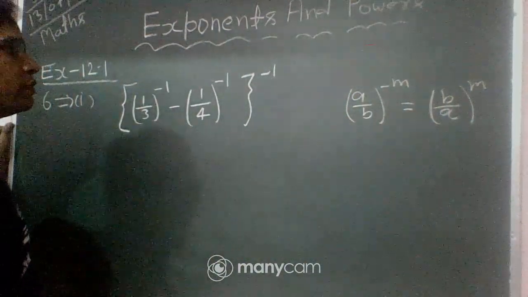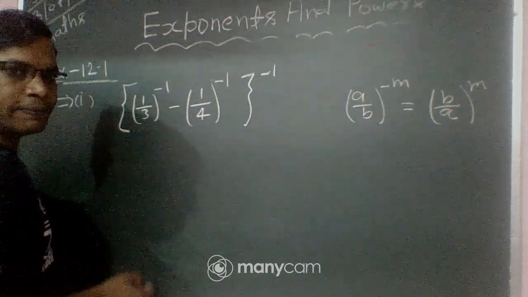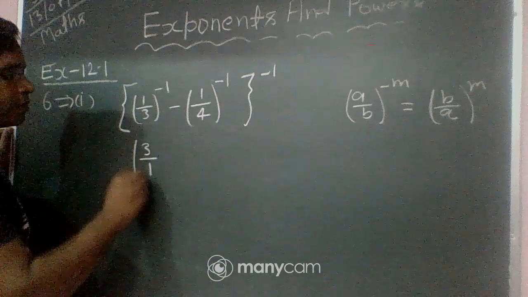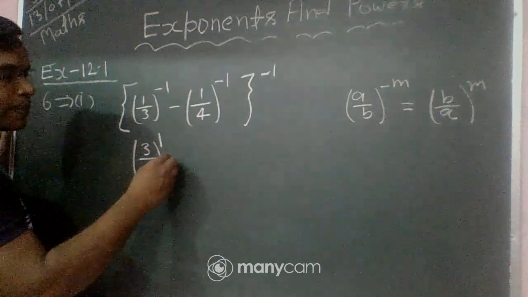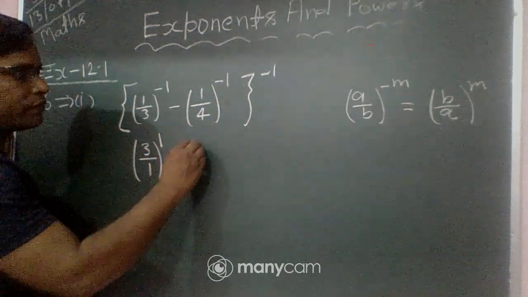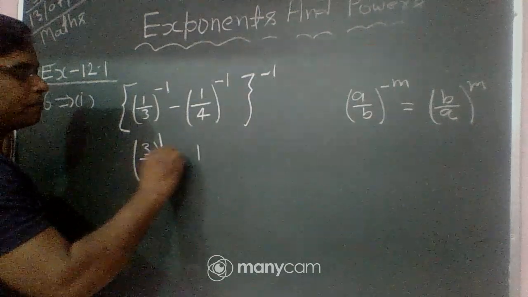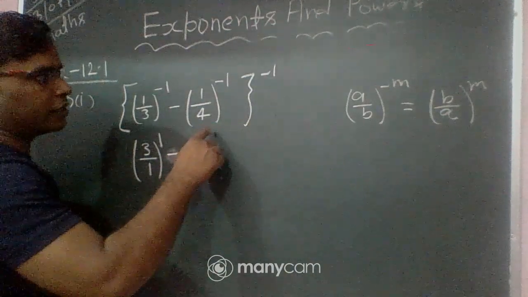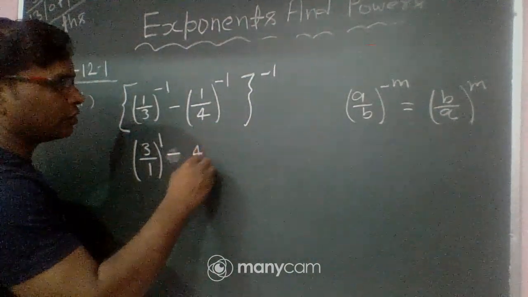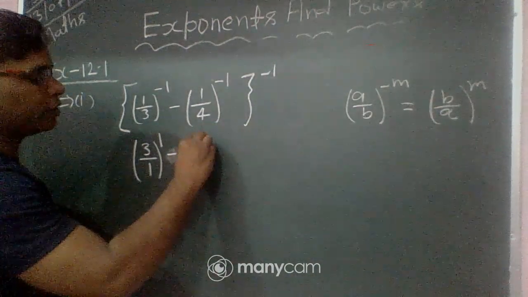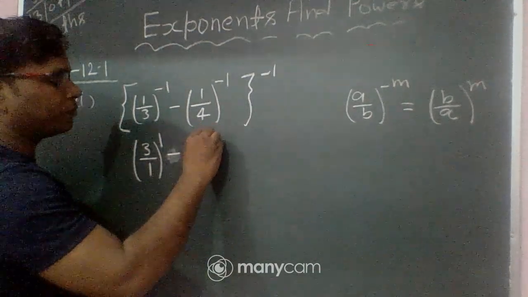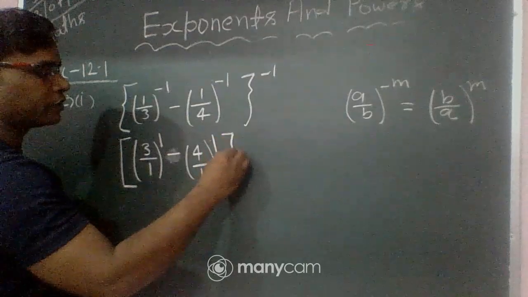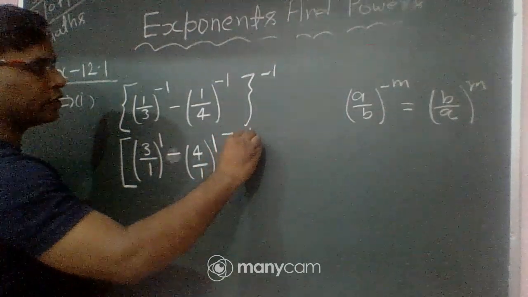Okay, so according to this law, you can write it as (3 by 1) whole power 1 plus, according to this law, you can write like this, (4 by 1) whole power minus 1.